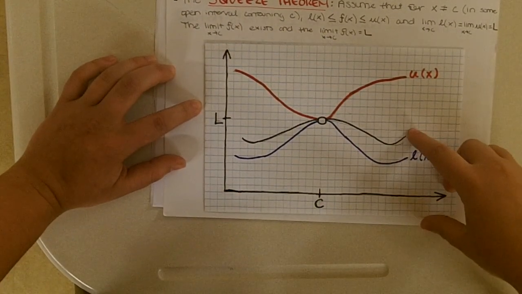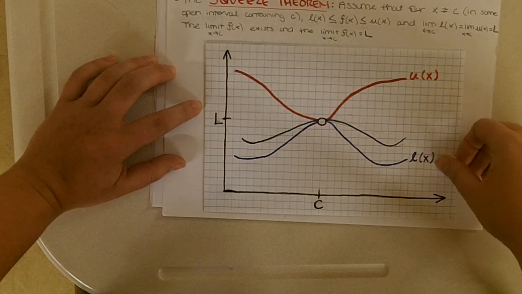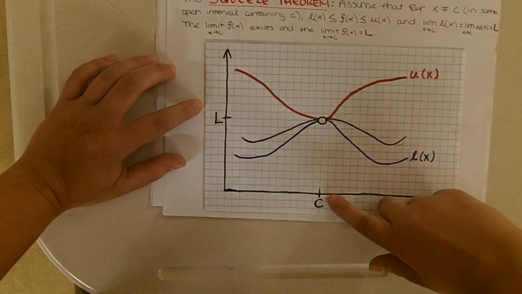Here, the graph f of x is being squeezed by l of x and u of x at the point where x equals c.